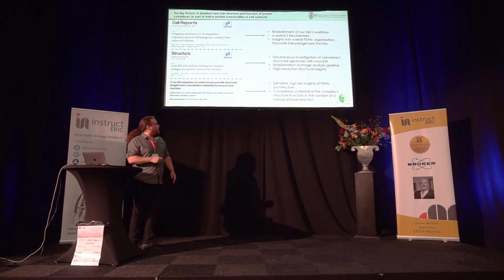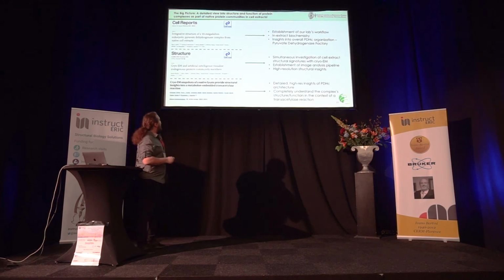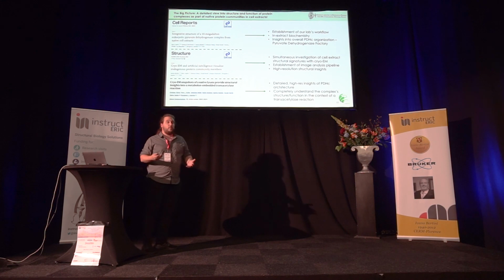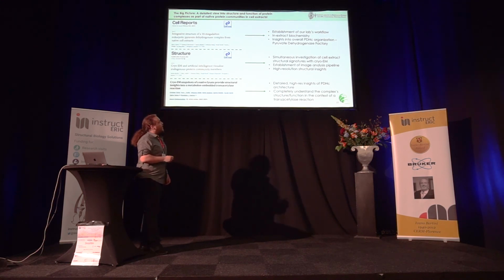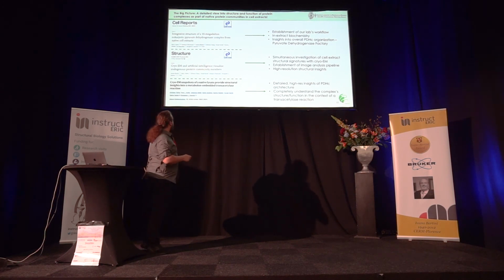This work comes to complete the picture that our lab wants to present. In a paper in 2021, we established our lab's workflow to work with cell extracts and investigate proteins in the native state. We validated this with biochemistry, and we proposed a model for the organization and activity of the pyruvate hydrogenase complex, the pyruvate hydrogenase factory.